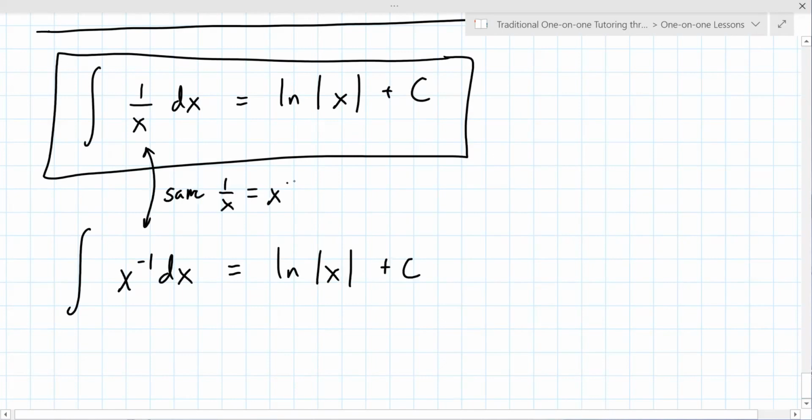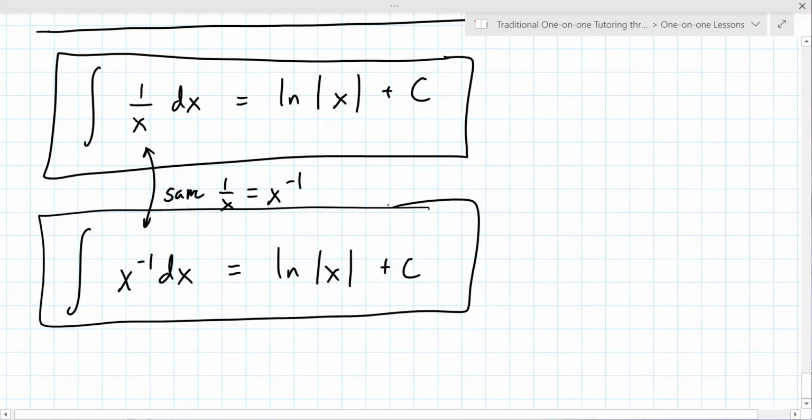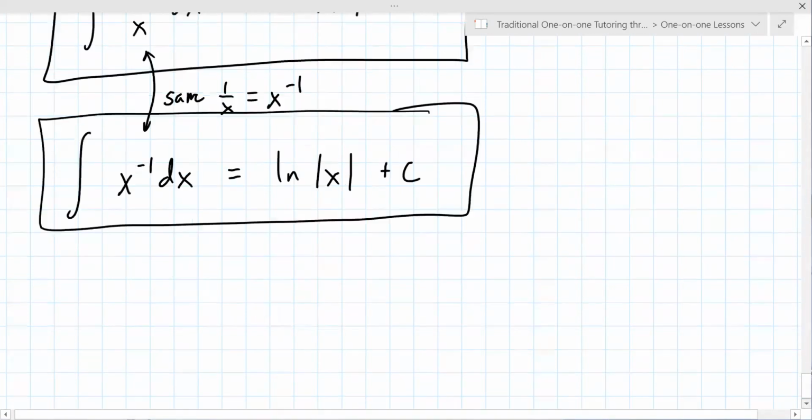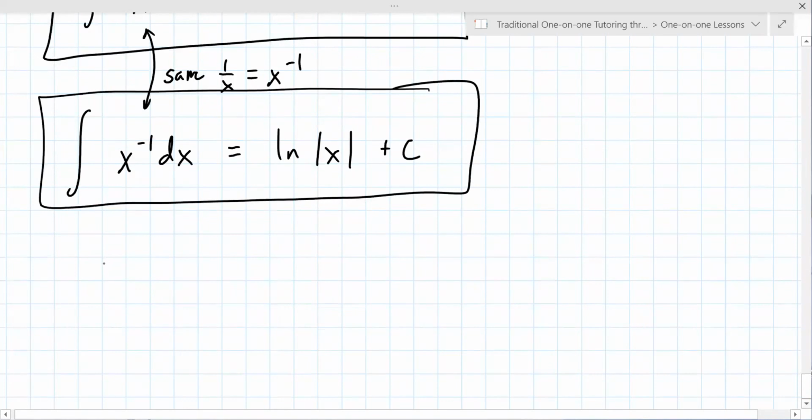1/x equals x to the -1. Now here's a problem you could be given: the integral of 3/x dx.